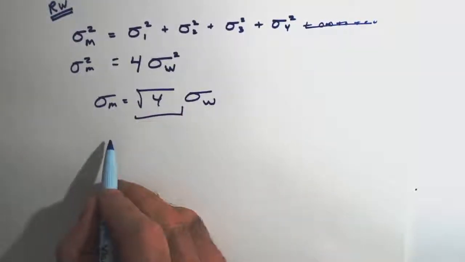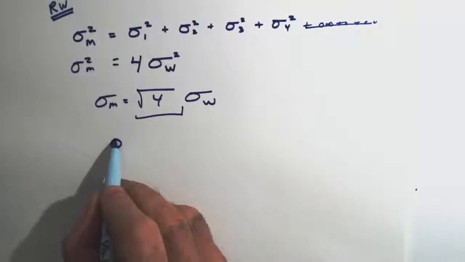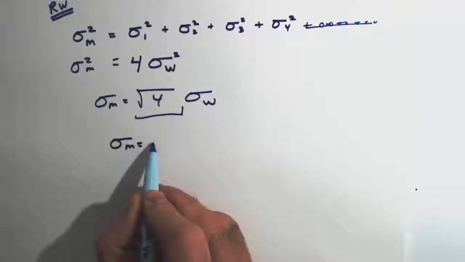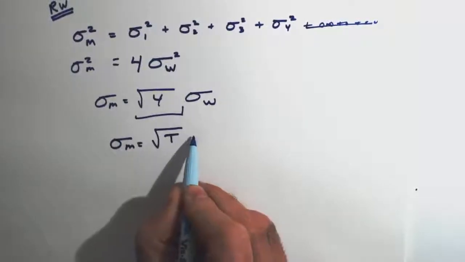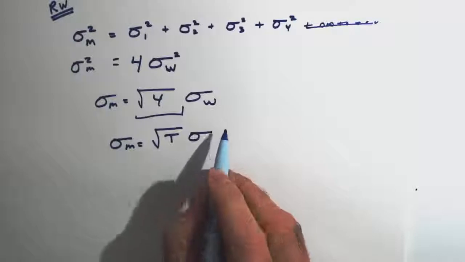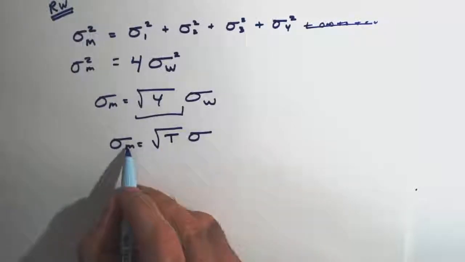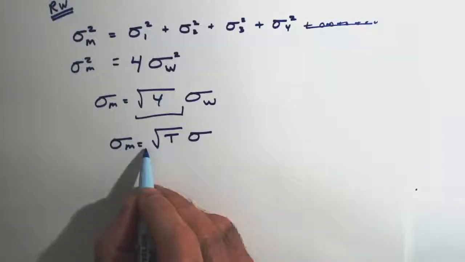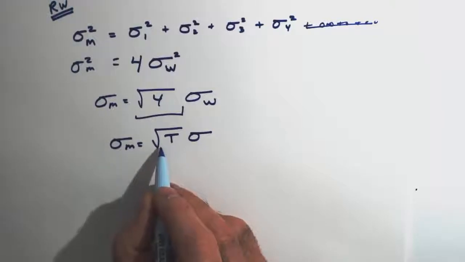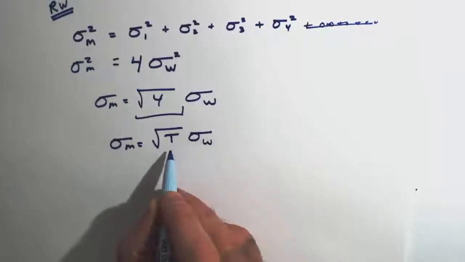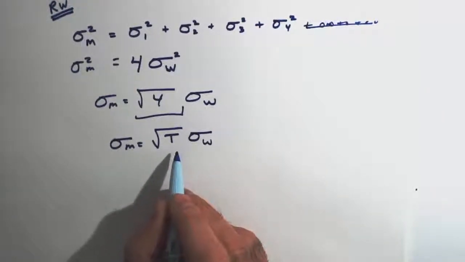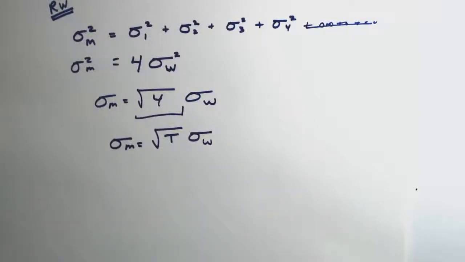And what this boils down to generically is that the volatility of a month equals the volatility of a week times the square root of time.